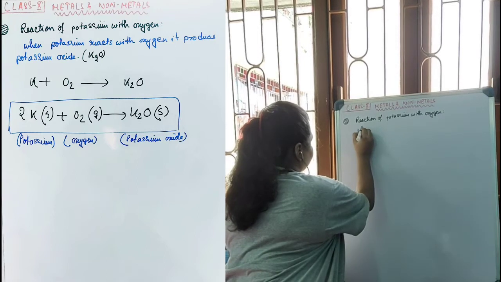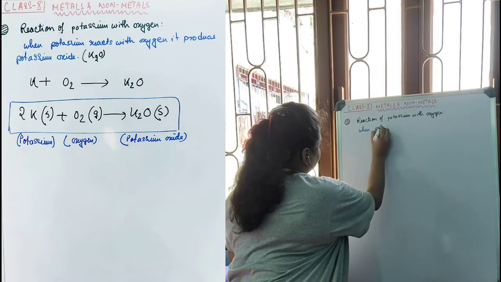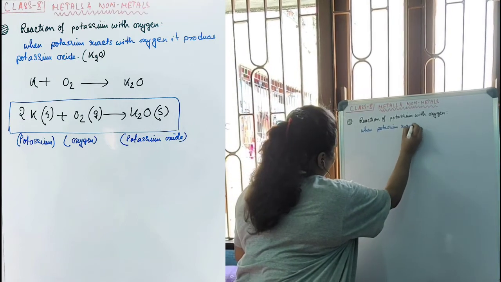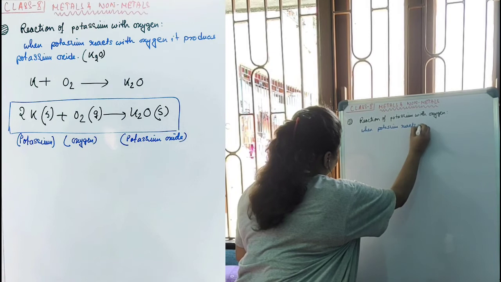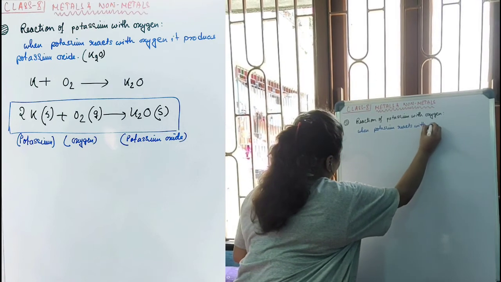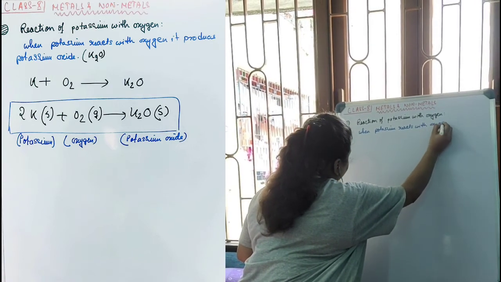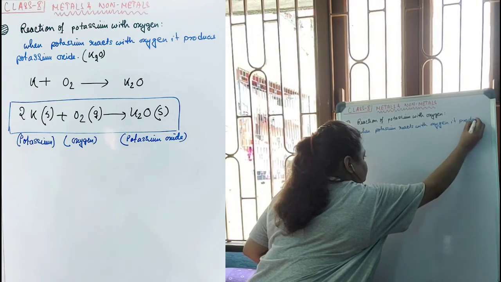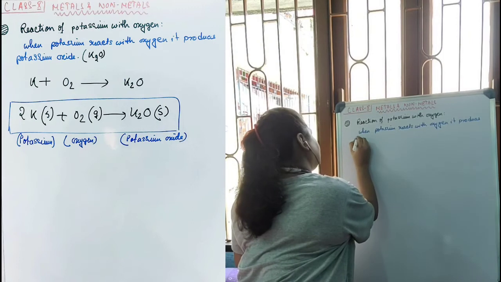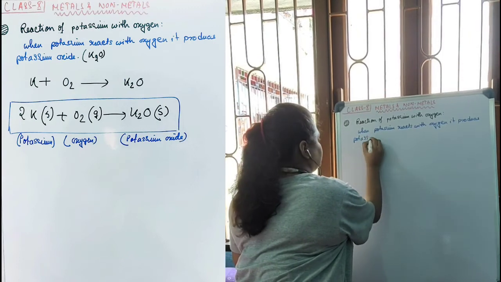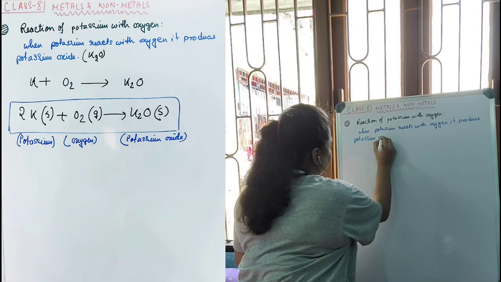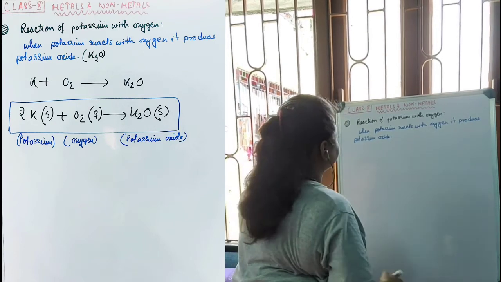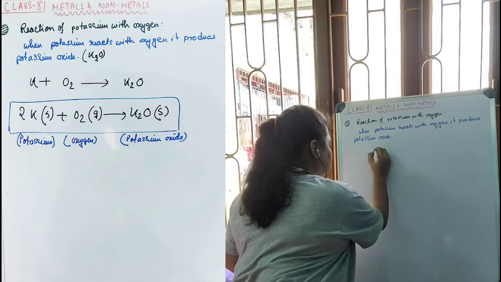Now when potassium reacts with oxygen, it produces potassium oxide. Now the chemical formula of potassium oxide can be very easily found out.